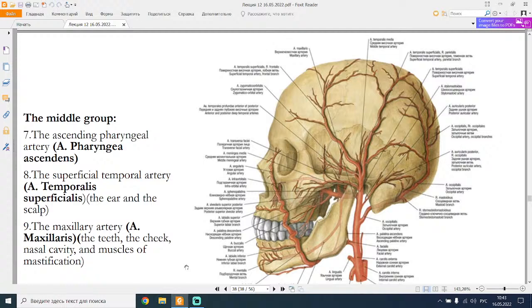The maxillary artery supplies the teeth, the cheek, nasal cavity, and muscles of mastication. This is the middle group, the branches of the external carotid artery.